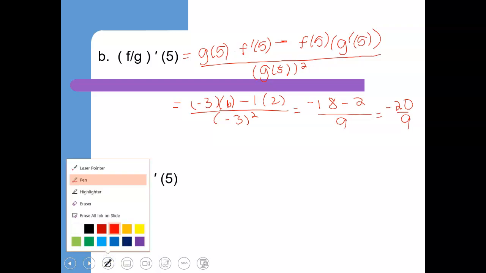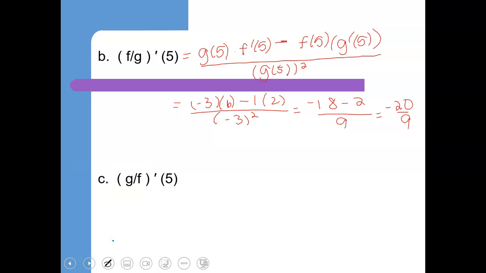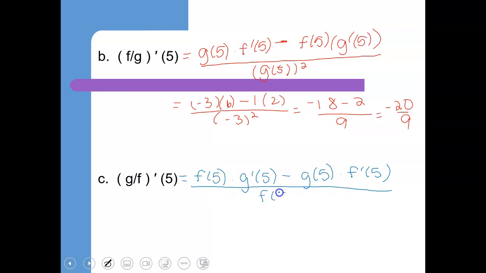And then g divided by f at 5 is going to be the reverse of all of that. So this is going to be f of 5 times g prime 5 minus g of 5 times f prime 5, because again, ho d hi minus hi d ho all over the denominator squared.